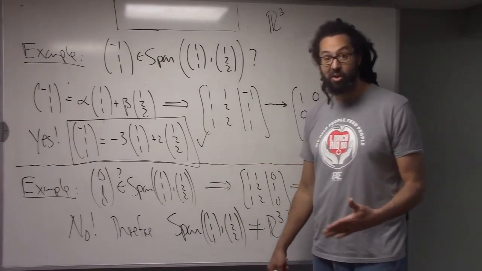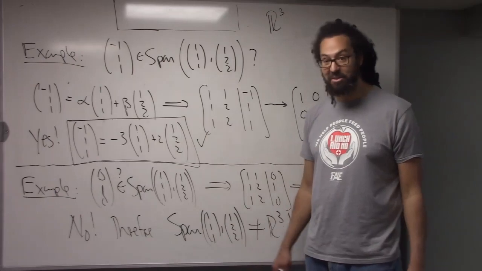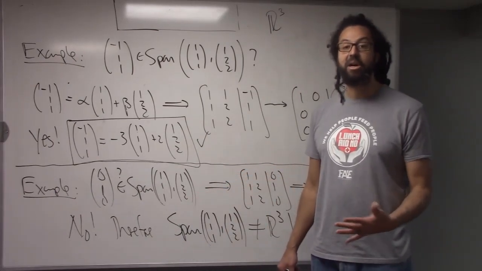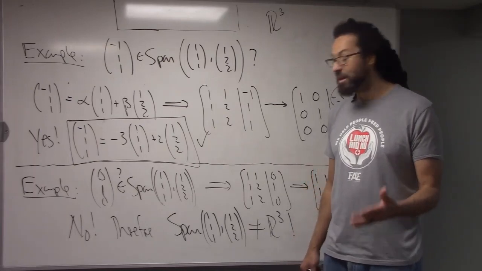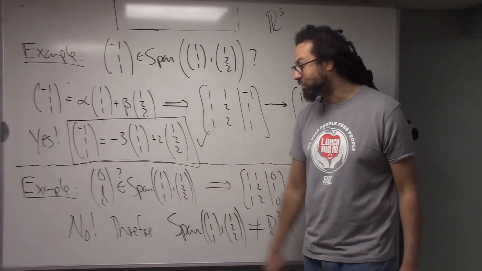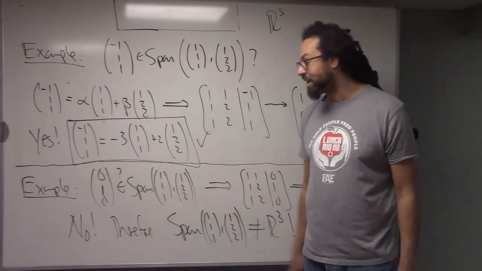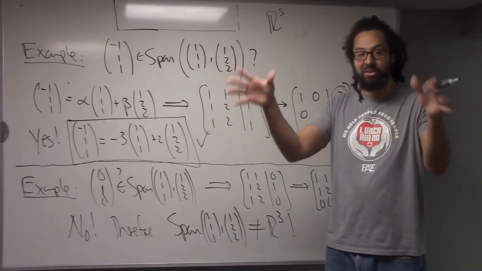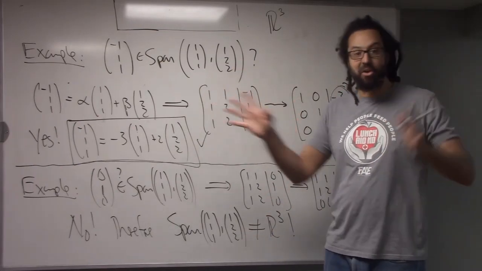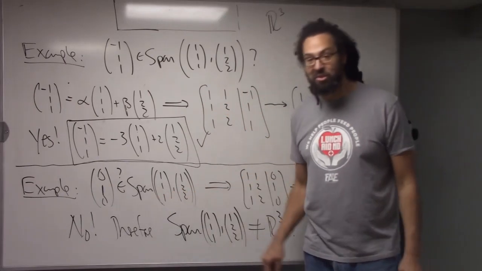And what does that show? If you find one single thing that's not in the span of the 2 vectors, that means these 2 vectors cannot possibly span all of R3. In other words, not every point in R3 is reachable using these 2 vectors. So what does the spanning set look like? It lives in R3, so if you think about an open box that goes in all directions forever, what's the span of these 2 things going to look like?